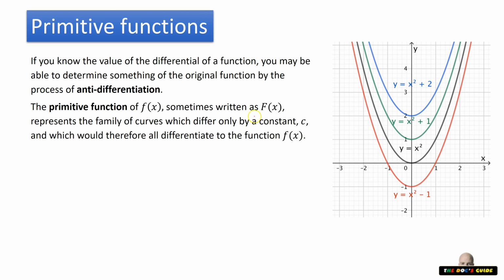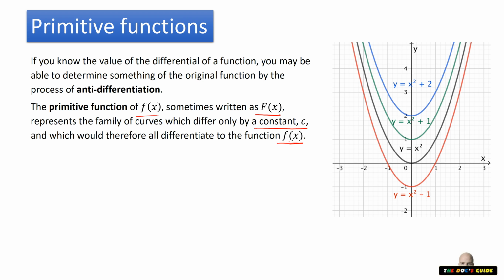So the primitive function of little f of x is sometimes written like this, but as we'll see later on, this is a fairly specialised case. What that represents is the family of curves which only differ by a constant and which would all differentiate down to this particular function.